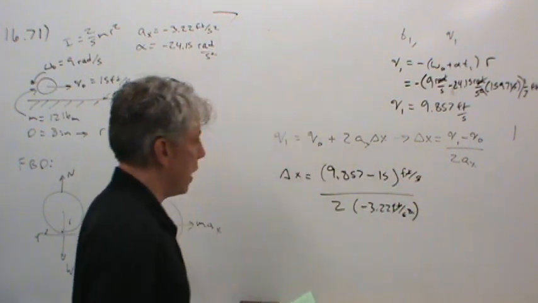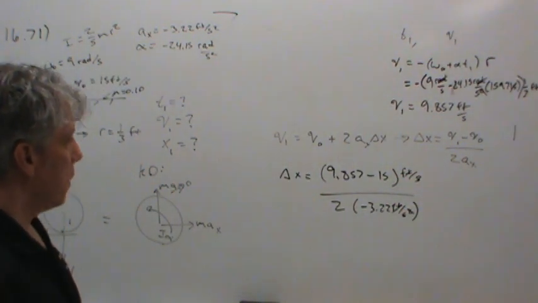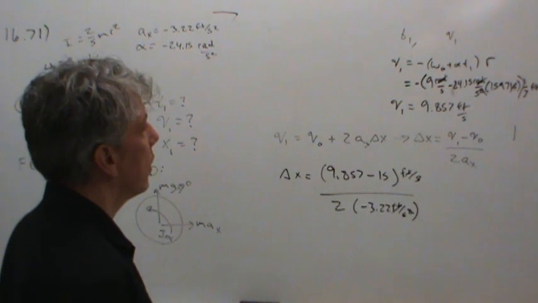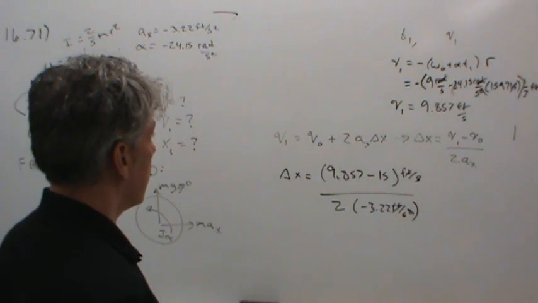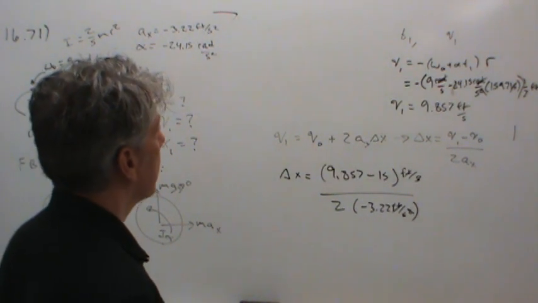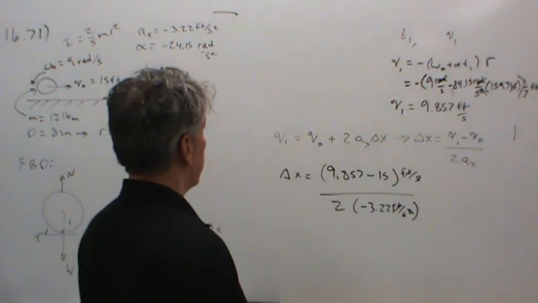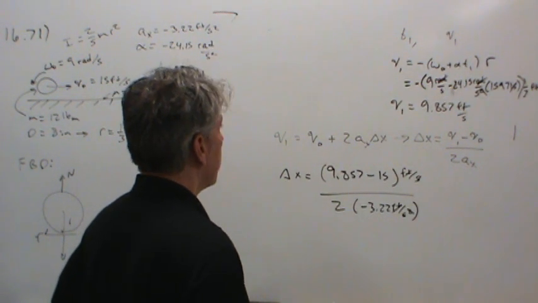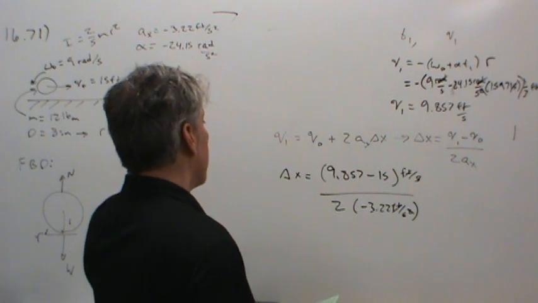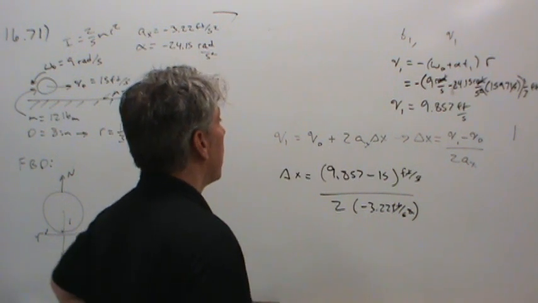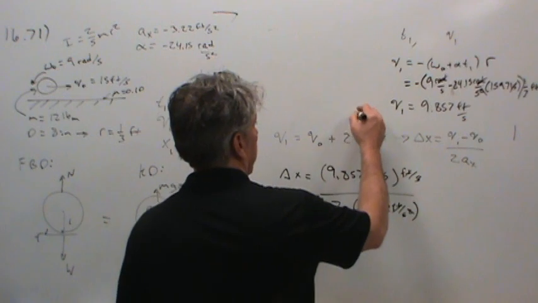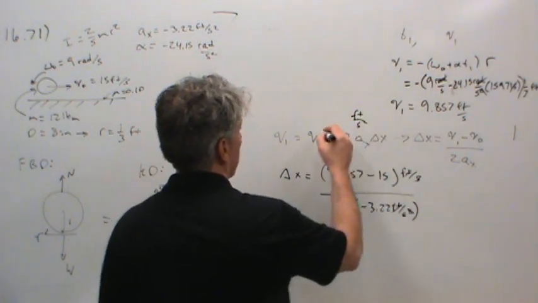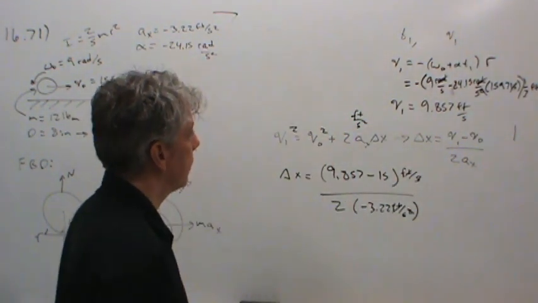And you notice that we have something that doesn't make any sense, because I shouldn't get seconds out of this. Feet per second, what did I do wrong? I should get feet. Check units, feet. Oh, it should be squared, shouldn't it? There we go.